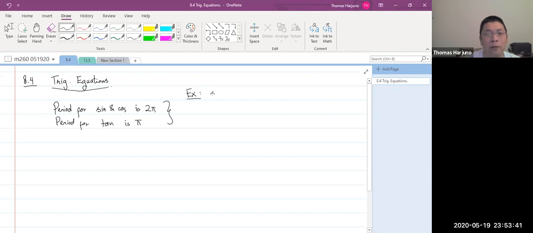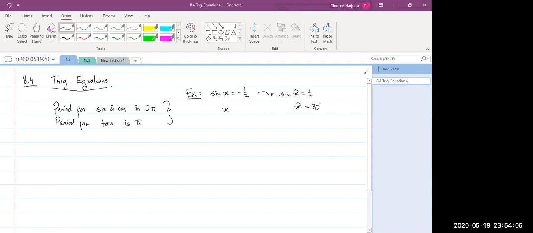if I have sine x equals -1/2, for example, then what will x be? The way we think is sine x hat, the reference angle, to make it positive. Then what's the angle here in quadrant 1? 30 degrees, right?